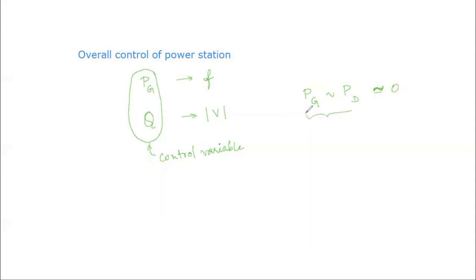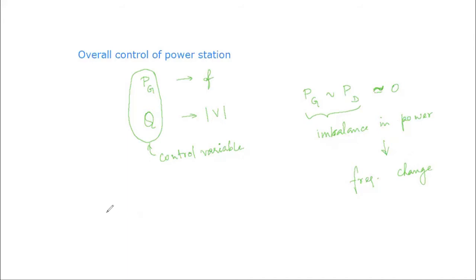The difference between power generated and power demand is called the imbalance of power. Any imbalance in power will result in frequency change.